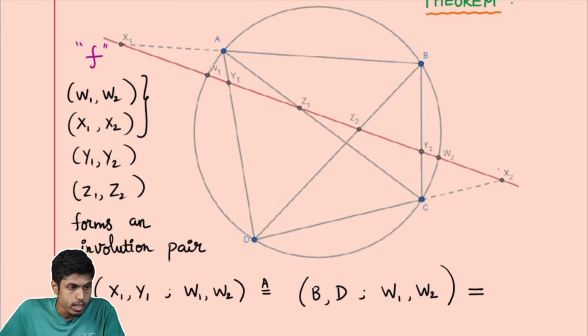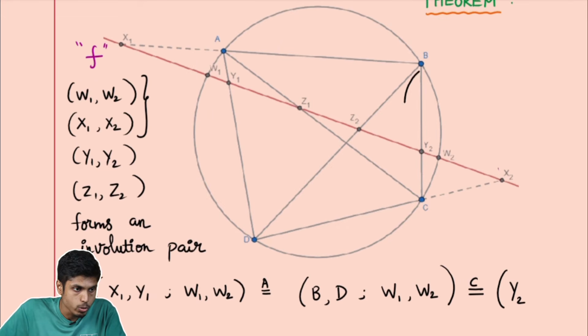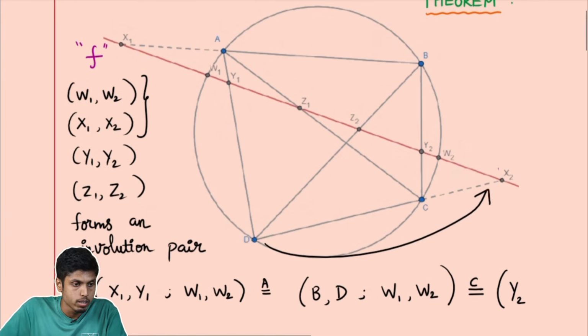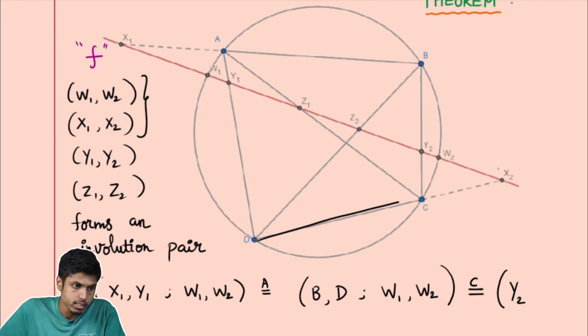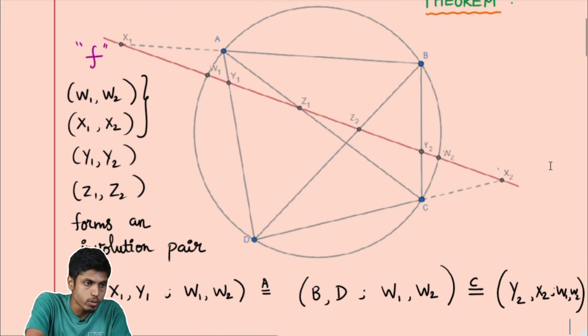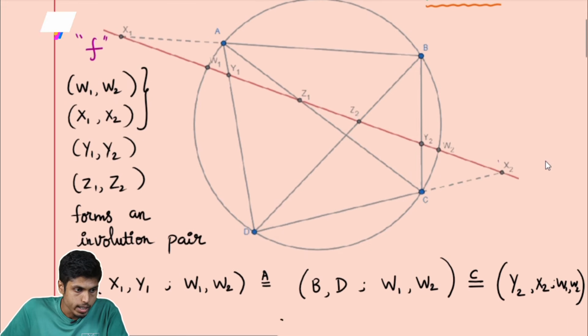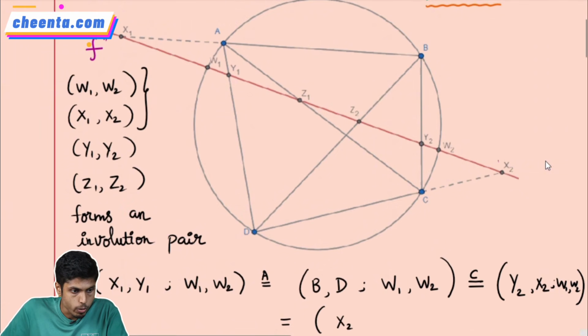So let's project from C. B goes to y2 when I project from C, and D goes to x2 when I project from C, as D, C, x2 are collinear, whereas w1 and w2 stay the same. So by the properties of cross ratio, I can rewrite that as (x2, y2; w2, w1).